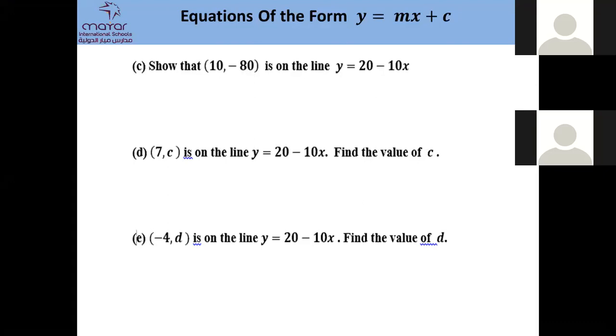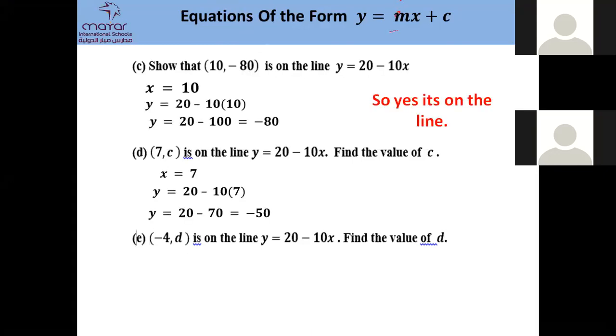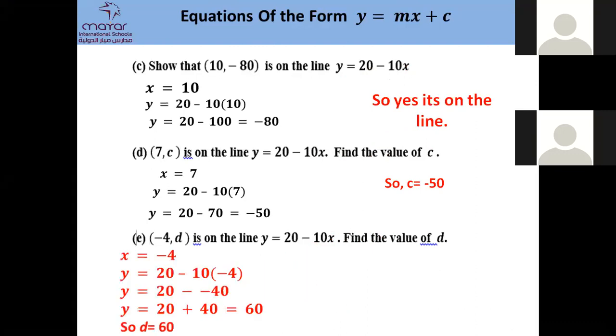Excellent. So 60. Yes, excellent, Ali. So you just substitute the value, and when we get 20 minus negative 40, it turns to plus. So 20 plus 40 is 60. So the value of D is 60.